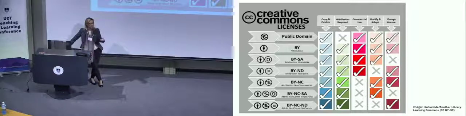It gives them the right to distribute, to adjust the materials, and to use the materials as they want in their teaching or in their context. That's what Creative Commons enables, and it's globally recognized, and currently we're looking at around 2 billion works that are licensed with a Creative Commons license. So this is not a small endeavor, this is massive.